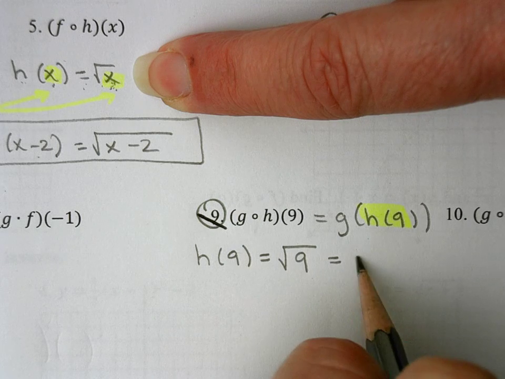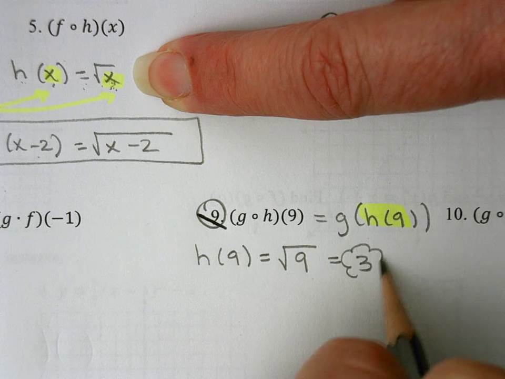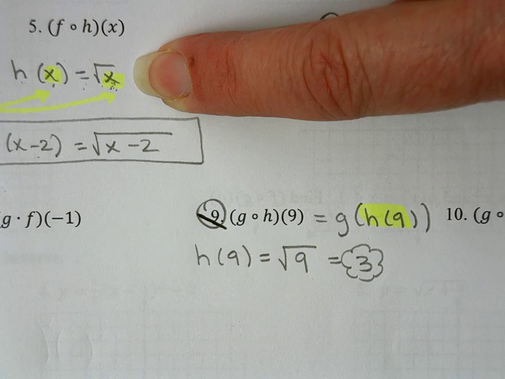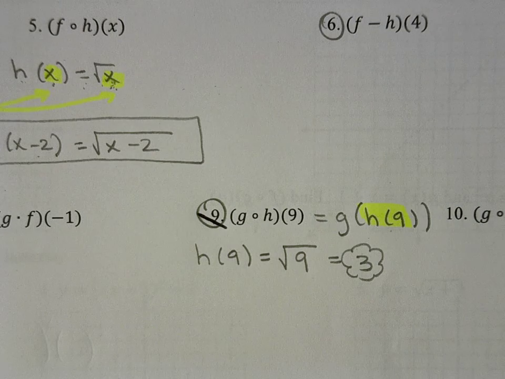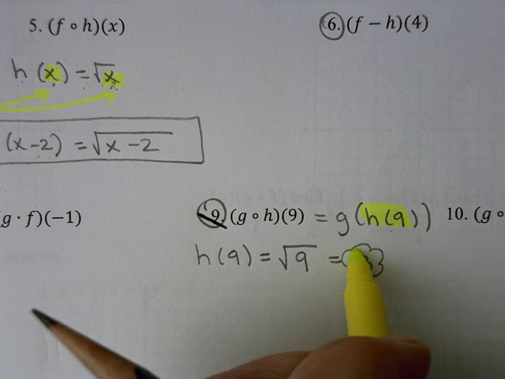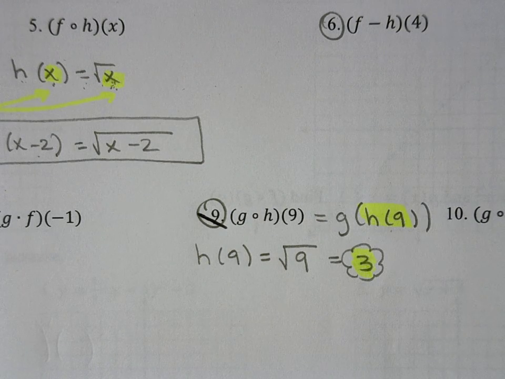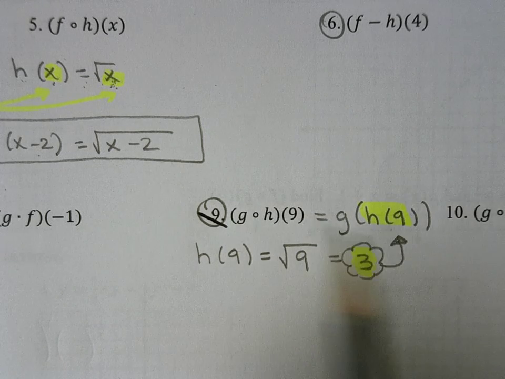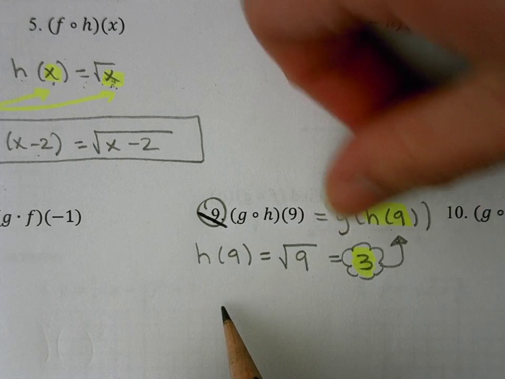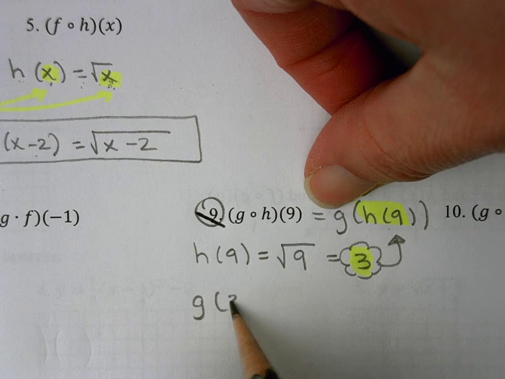And I know that square root of 9 is 3. So now I know h of 9 is the same as 3. So that becomes my new input value. So now I'm going to replace h of 9 with 3. So this is g of 3.